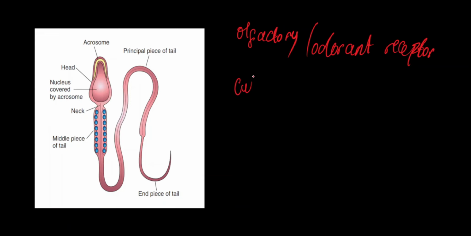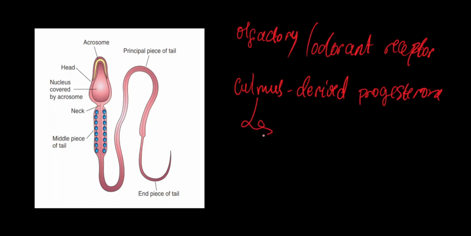So they are able to detect cumulus-derived progesterone, that is the progesterone that is derived from the cumulus oophorus of the released oocyte. These olfactory receptors of the sperm cell are able to detect these chemoodorants as well as other chemoodorants.